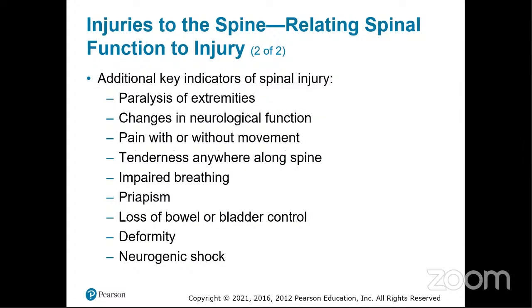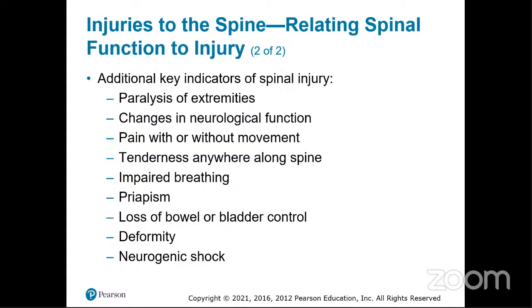Some other indicators of spinal injury: paralysis of an extremity, change in neural function, pain without movement, tenderness anywhere along the spine, impaired breathing. Priapism present? It's an erection in the male.